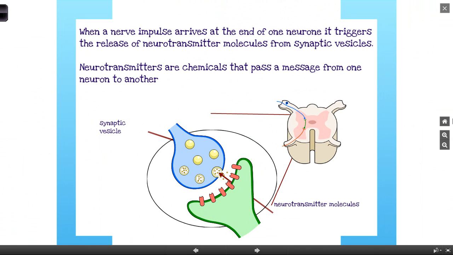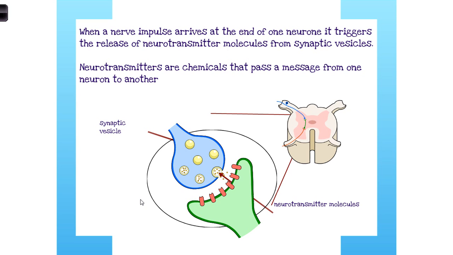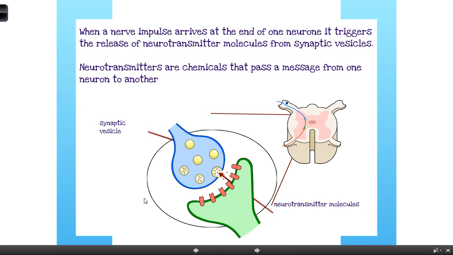Well, when a nerve impulse arrives at the end of a neuron, here, it triggers the release of a neurotransmitter or neurotransmitters, which are small chemical molecules, from synaptic vesicles. Vesicles means bubbles.